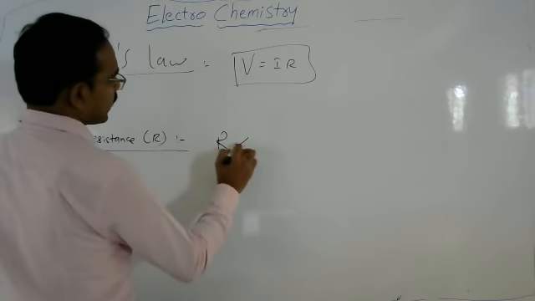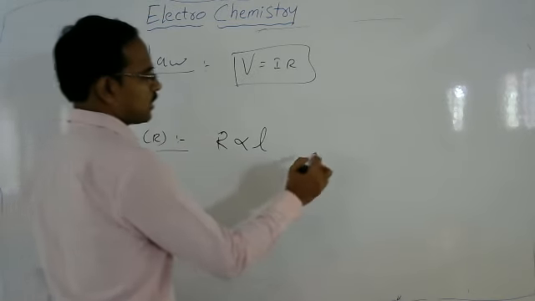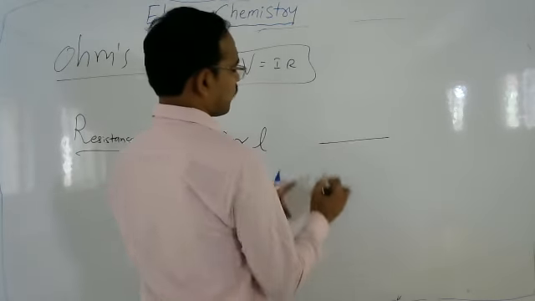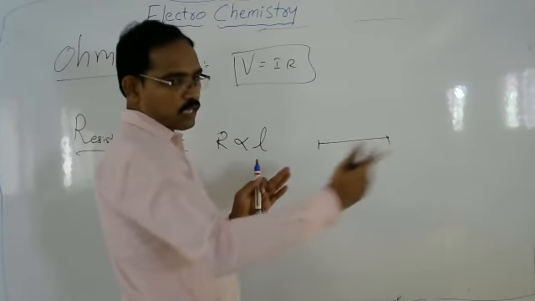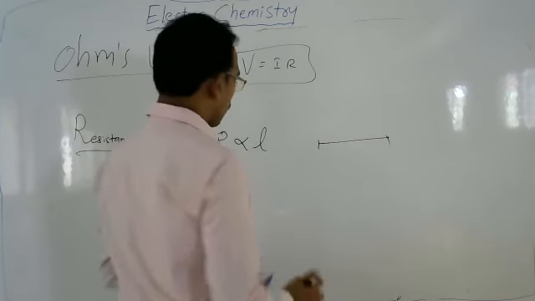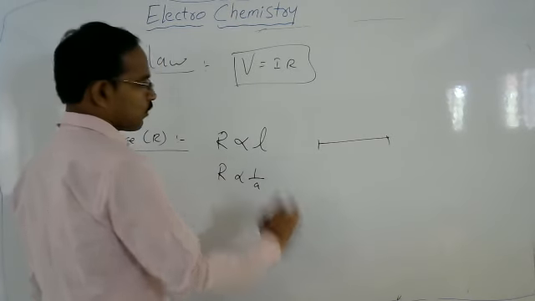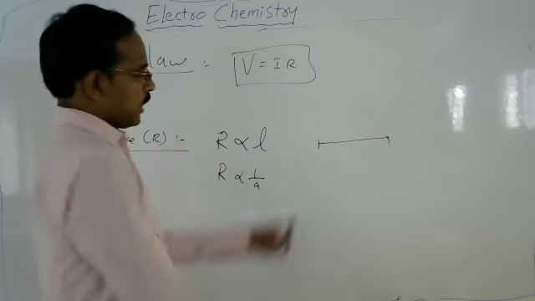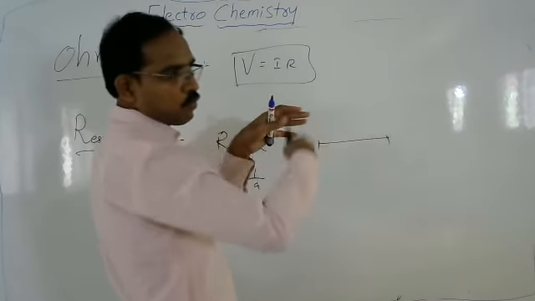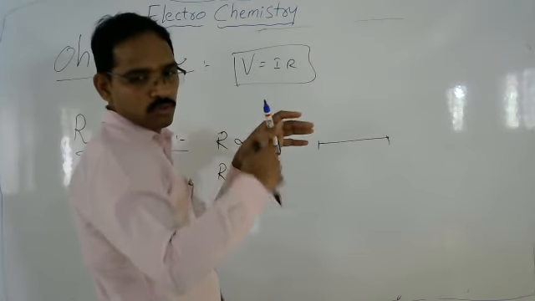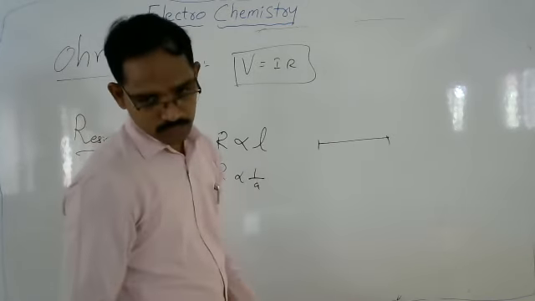R is directly proportional to L. In a wire, iron wire or whatever wire is there, if the distance is increasing, the resistance also increases. R is inversely proportional to A. If the area is increasing, many electrons can move, so the current passes easily, so resistance is decreasing.